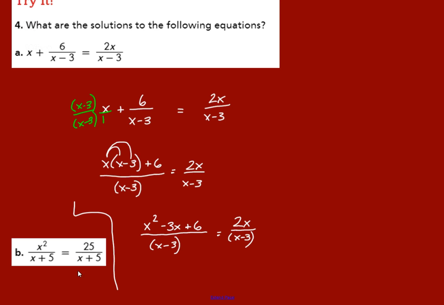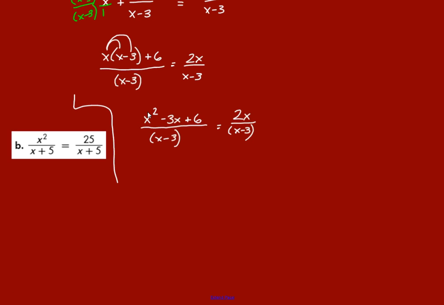Now, this numerator is a quadratic, which can be factored most of the time. But in this case, I don't believe this one will factor. So what I'm going to do is I'm going to come through and I'm going to multiply. Because they have the same denominator, I can come through here, and actually I could have done it up here.